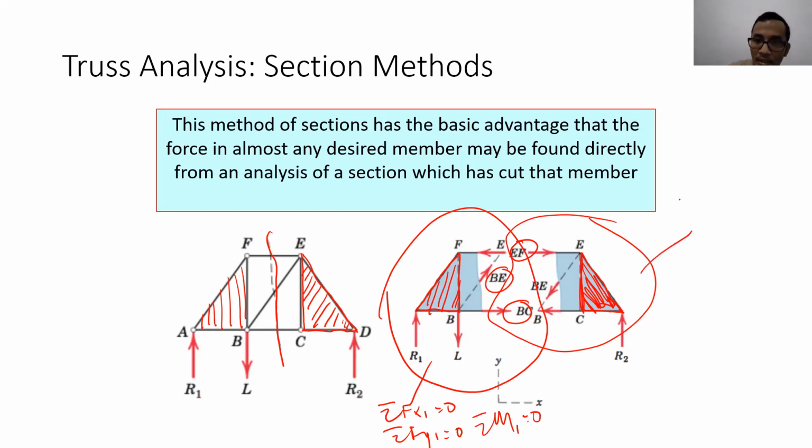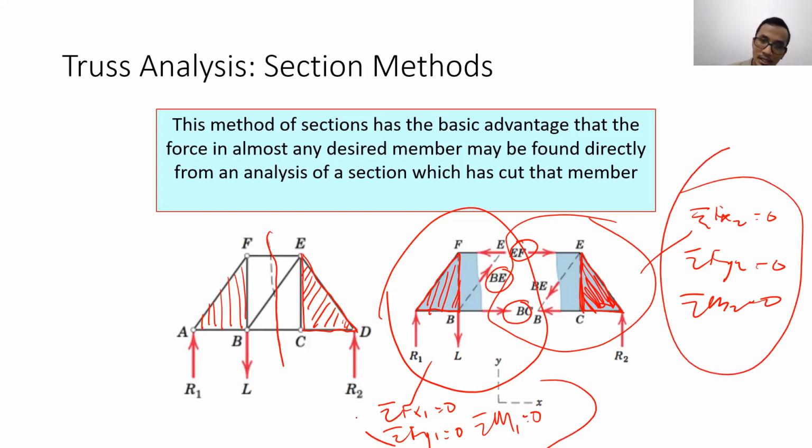And for this one as well, we have sigma Fx2 equal to 0, sigma Fy2 equal to 0, and sigma moment 2 equal to 0. So each free body diagram will have these three equations, and these equations can be used to solve for the unknowns.